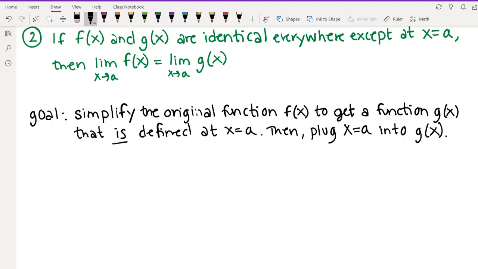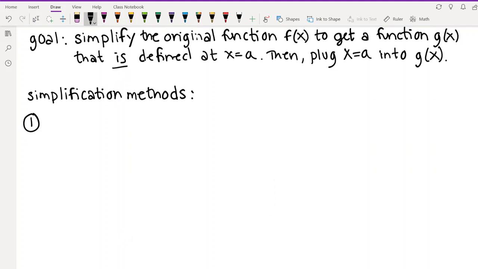Okay, so what were the methods of simplification? There were two that we talked about in yesterday's video. One of them was factoring and canceling. Without actually doing this problem out, I'm just going to write down an example of a problem where you would use that method, for your own reference.